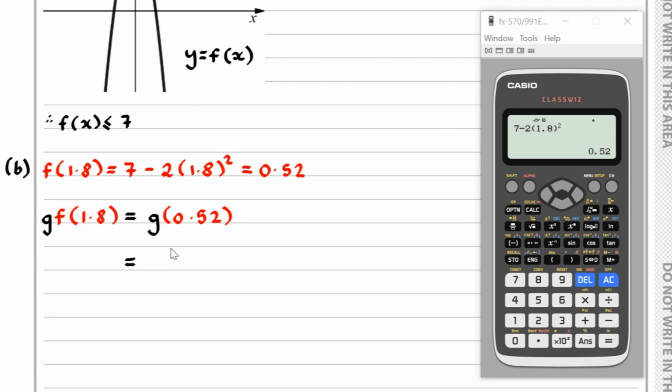g of 0.52, we have 3 lots of 0.52 over 5 lots of 0.52 minus the 1.